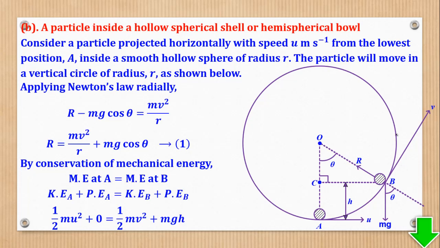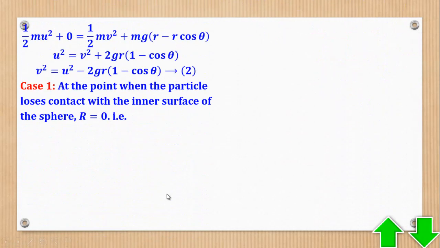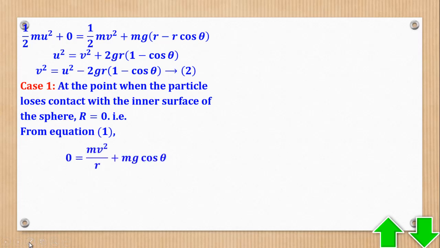So in that case, it means that at the point where it loses contact, R is equal to 0. Therefore, from equation 1, we got an expression of R. So where there is R, we shall put 0. Then you simplify, take on this side and cancel the m's. Then you get v squared as equation 3.